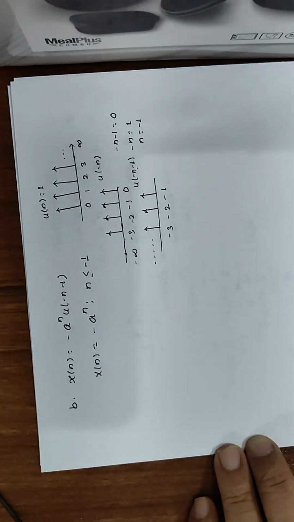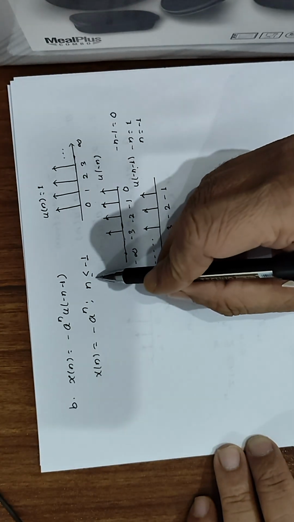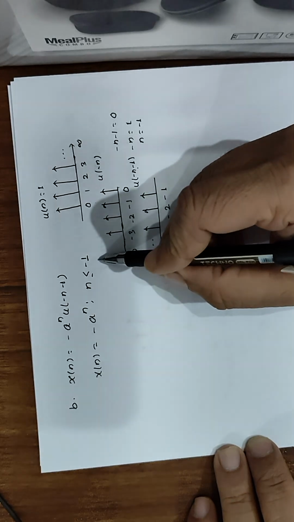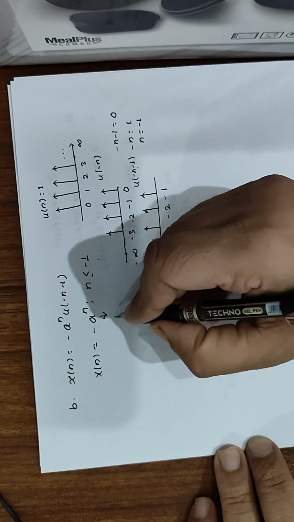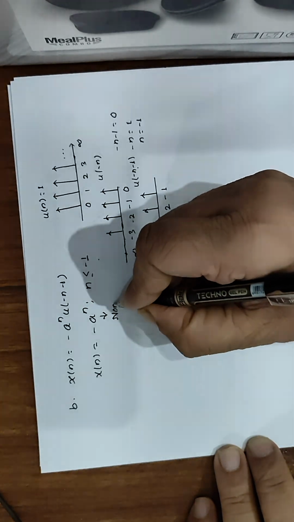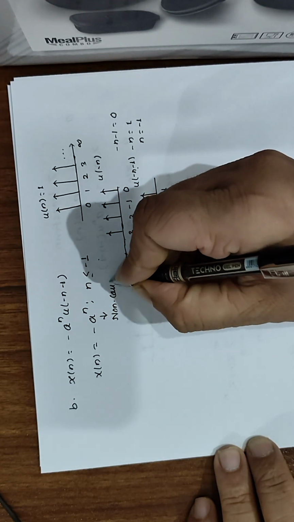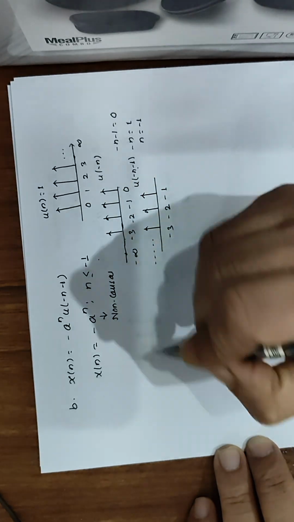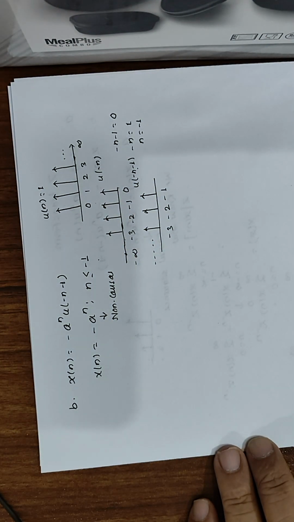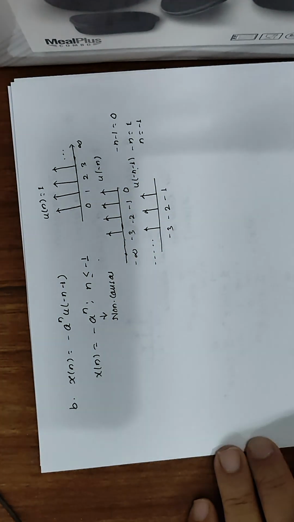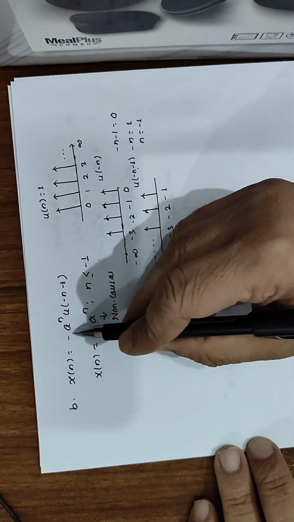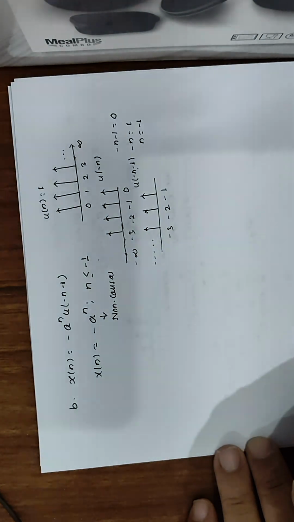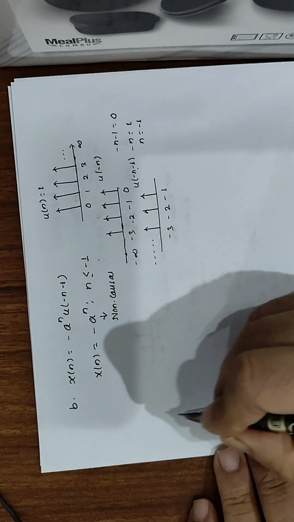And we know that if the sequence exists for n less than 0, such a sequence is known as a non-causal sequence. So in this case, we are going to find the Z transform of a non-causal sequence x of n equal to minus a power n u of minus n minus 1.